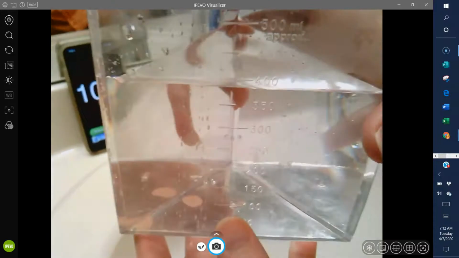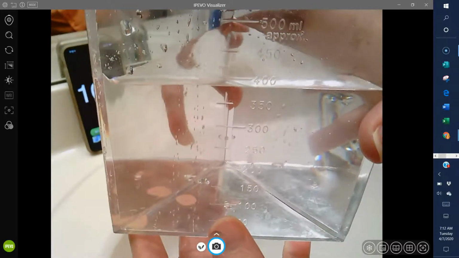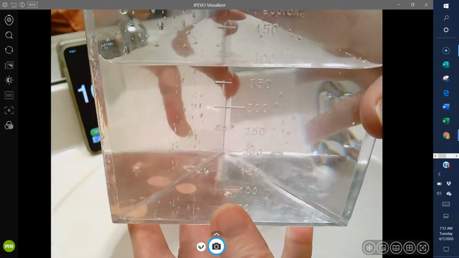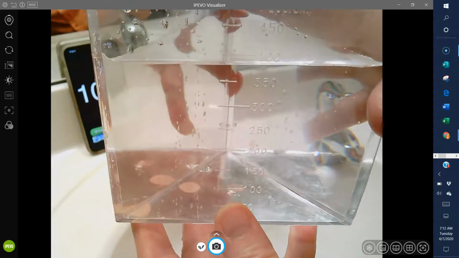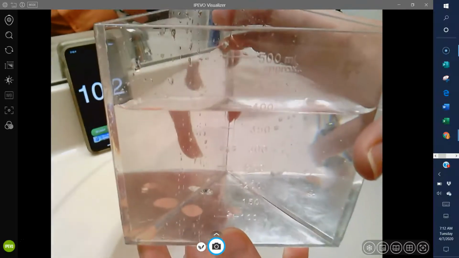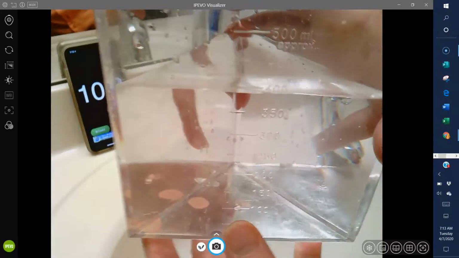Okay, and now on this round it looks like it's right at 400, so maybe 395. Can you see that? 395, it's just under 400.